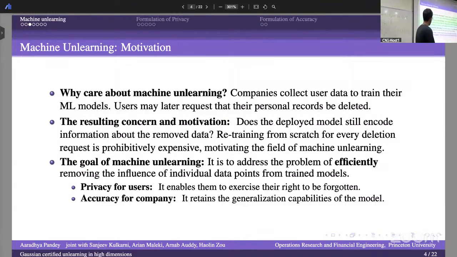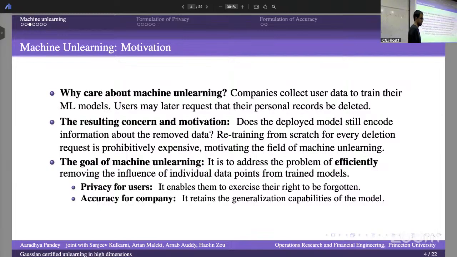Then what happens is, let's say I had a clash with my friend and I want to delete my Facebook account or something like that. So after the data has been collected and the model has been trained, some users request their data to be deleted. Then what you are supposed to do is not just delete the data itself from the database as a company, but also tweak the model in such a way that the model parameters, the neural network weights, also forget the influence of those data points.